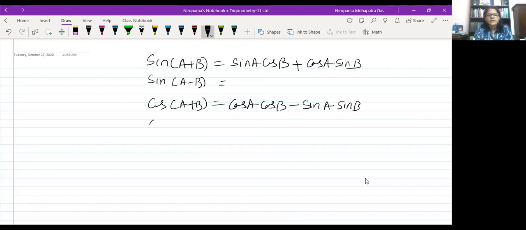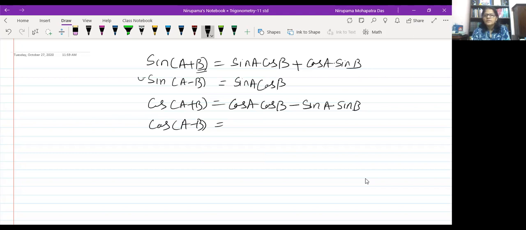Now, if we want cos A minus B, very little effort we have to put here. Replace B by minus B. Cos minus B equals cos B, so we can write like this.